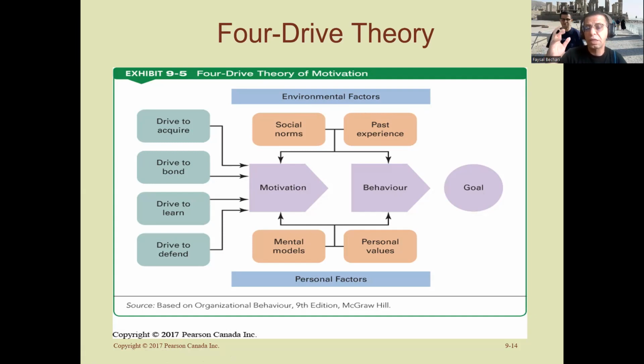Environmental factors include social norms and past experience in that situation. Personal factors include mental models, so you are ready, excited, hyper, feeling that it's what you're doing, and personal values also. All of these can influence certain behavior to reach that goal.